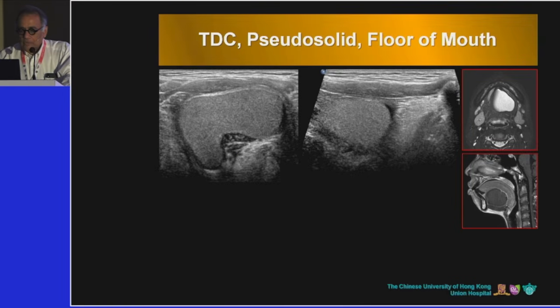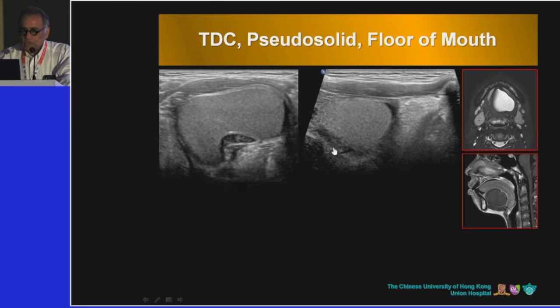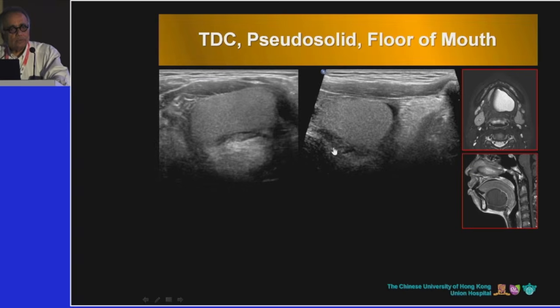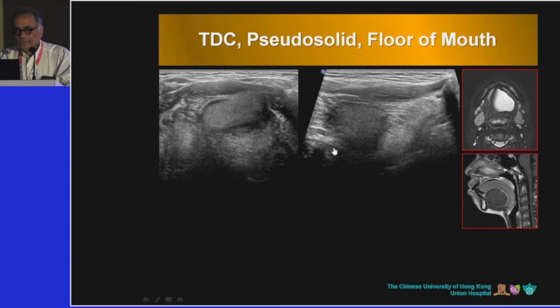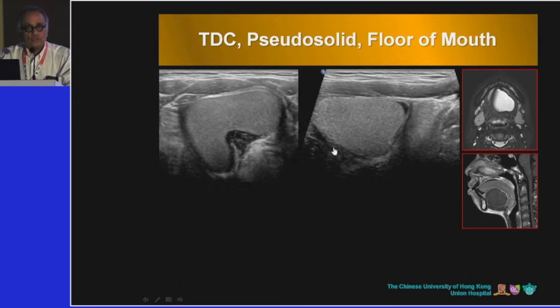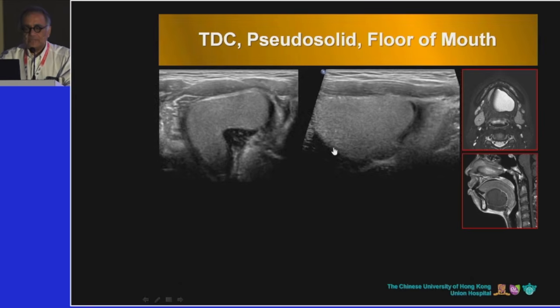I'm going to run this movie clip. This is transverse, this is longitudinal, that will be the hyoid bone over there. That is the hyoid bone over there, and this is transverse. Have a look. A suprahyoid thyroglossal duct cyst at the floor of the mouth. At its location in the midline, at the floor of the mouth, a pseudo-solid cystic appearance.